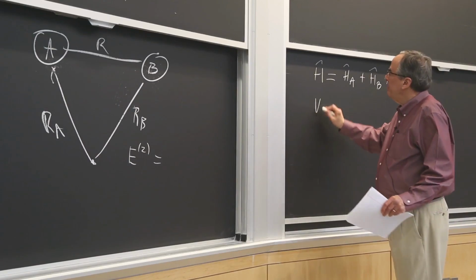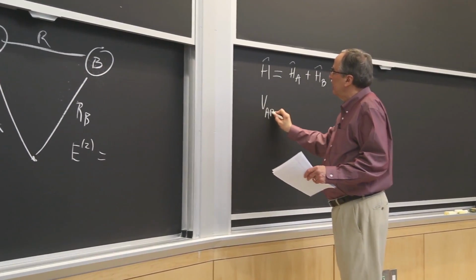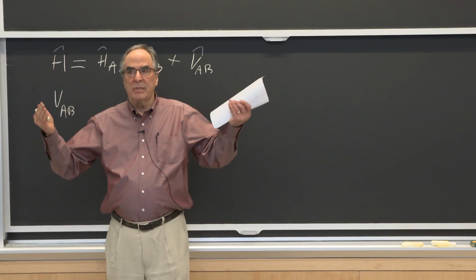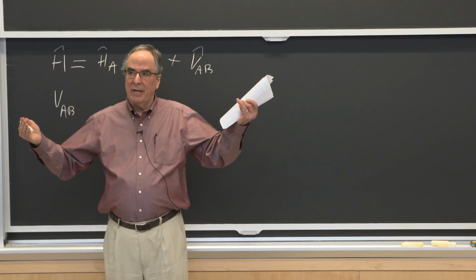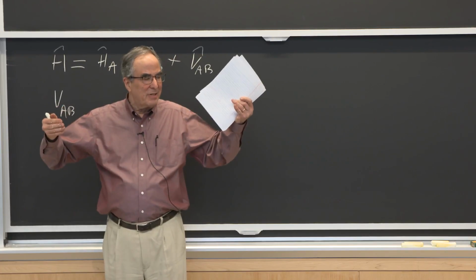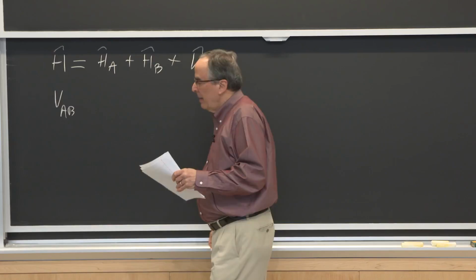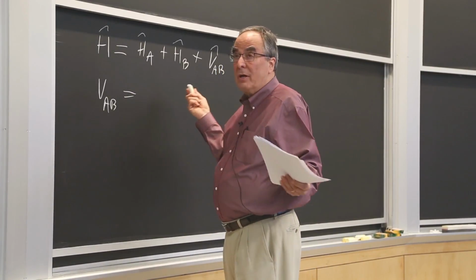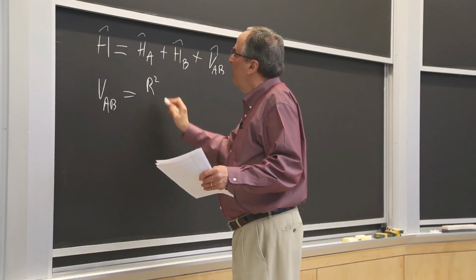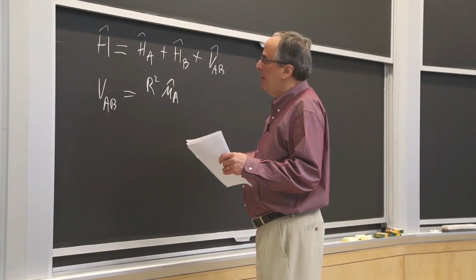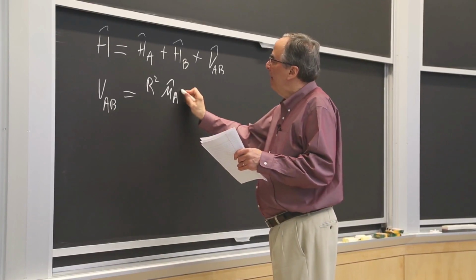Now, the typical interaction between two particles is a dipole-dipole interaction. If molecules have dipole moments, then we already know something about what they want to do with each other. And from electricity and magnetism, we know, this isn't quantum mechanics, that we can write a general formula for the dipole-dipole interaction.